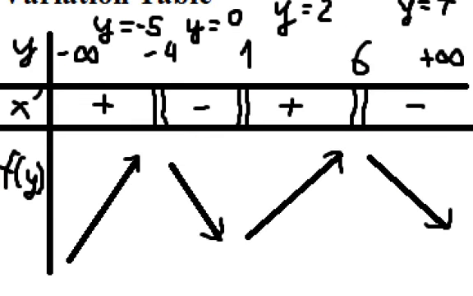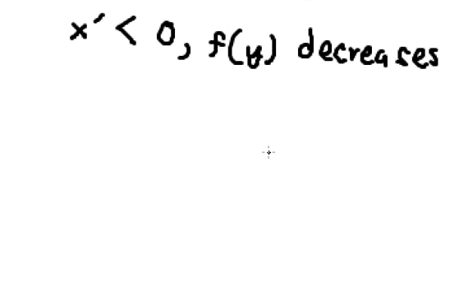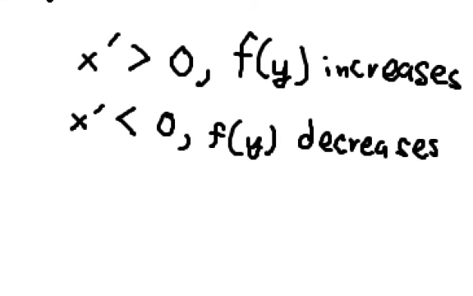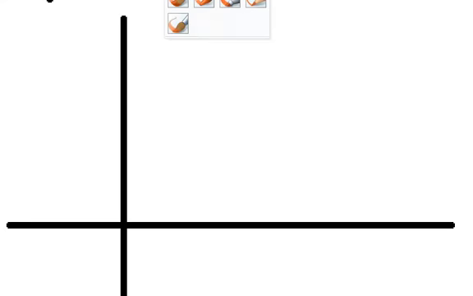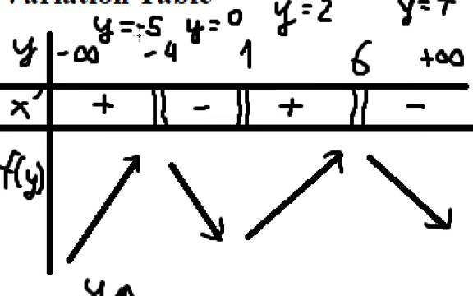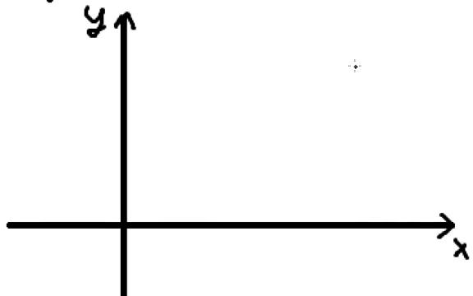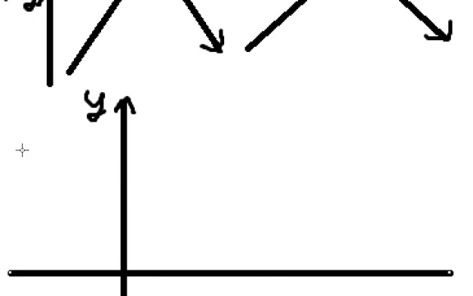So we can use this table and graph this one. So we have negative 4, 1, and 6. Negative 4 should be in here, 1 should be in here, and 6 should be in here.